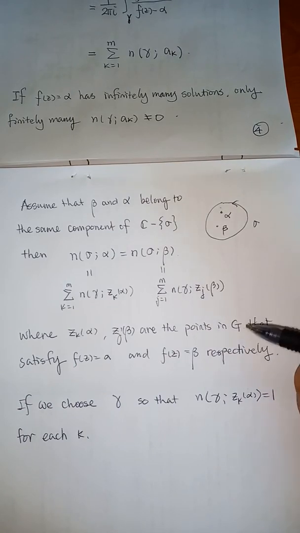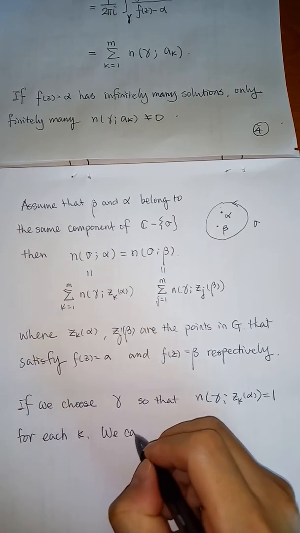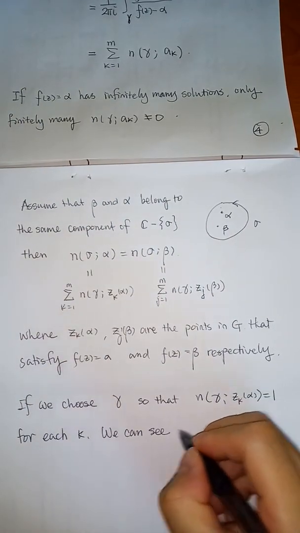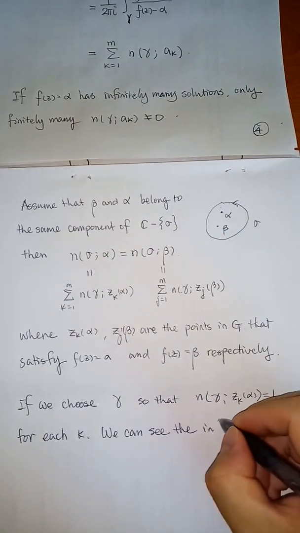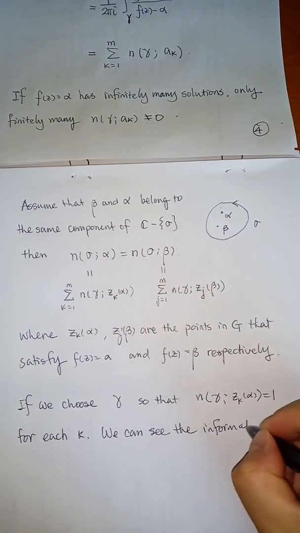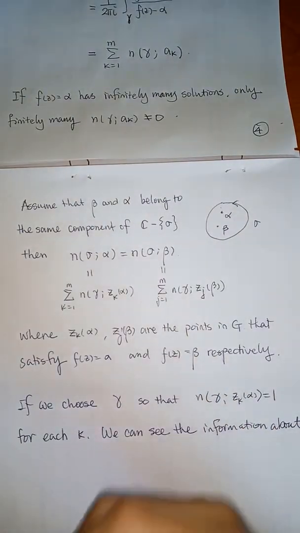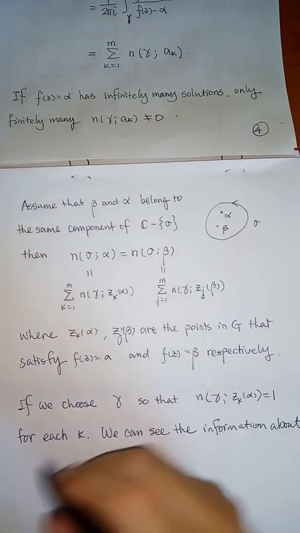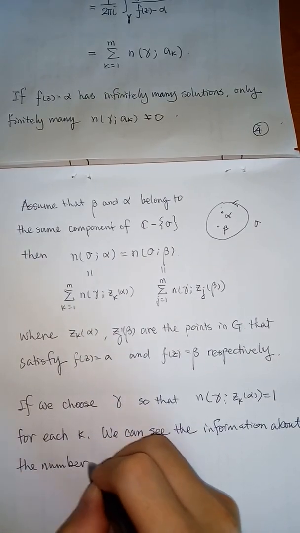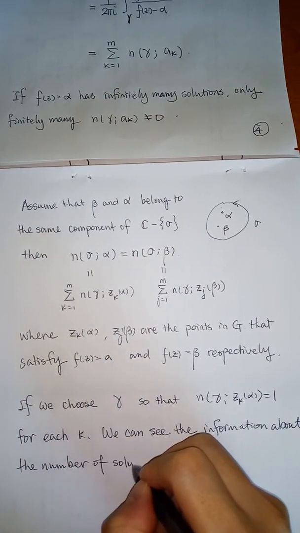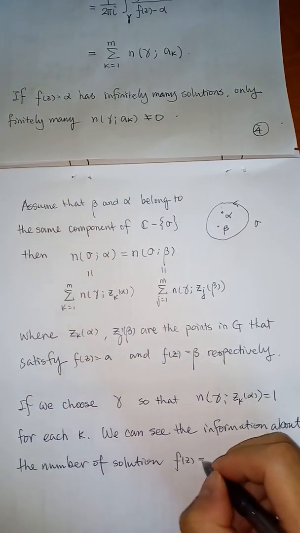Then we can see the information about the number of solutions of f(z) equal to beta.